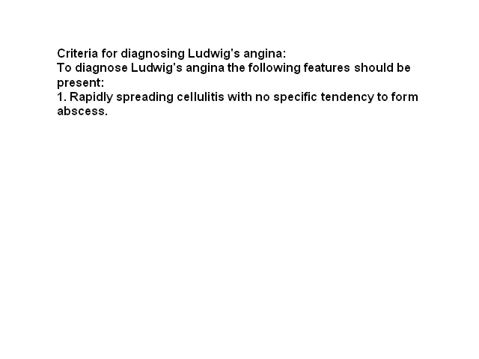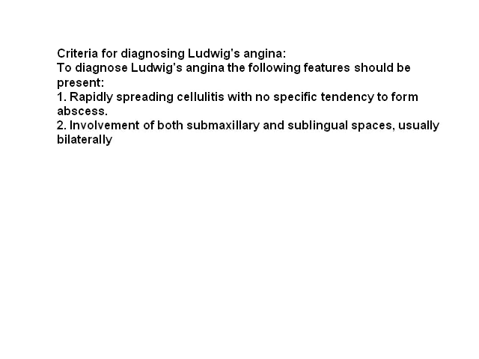Criteria for diagnosing Ludwig's angina. The following features should be present in order to confirm a diagnosis. Number 1. Rapidly spreading cellulitis with no specific tendency to form abscess. Involvement of both submaxillary and sublingual spaces, usually bilaterally.